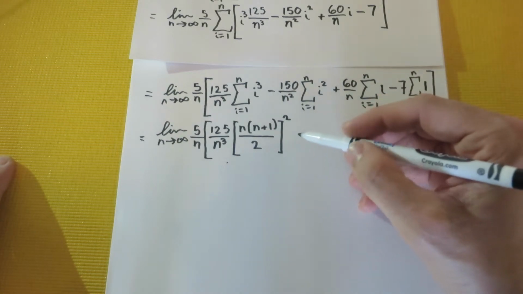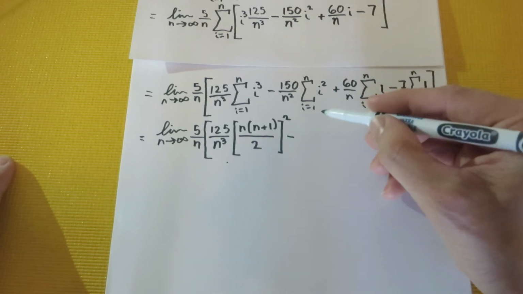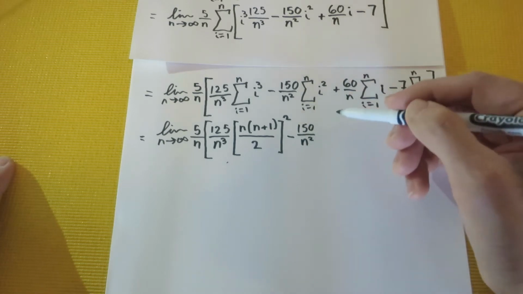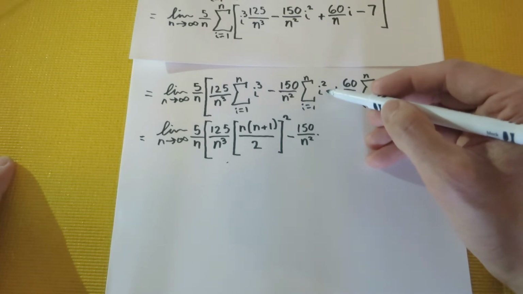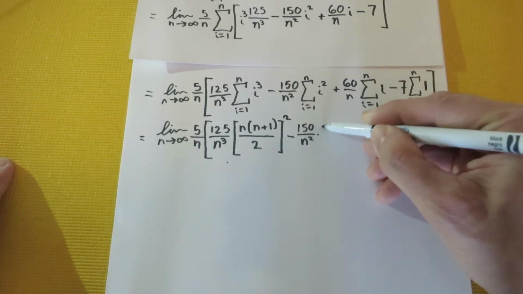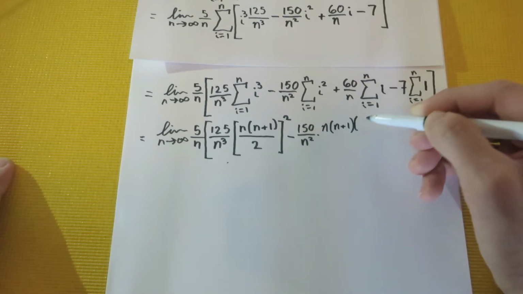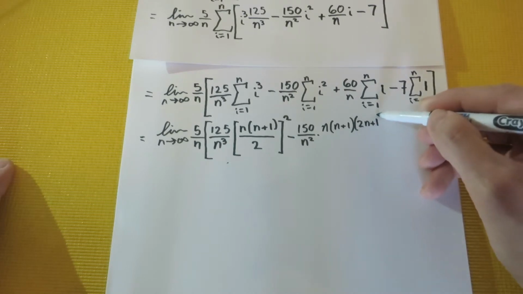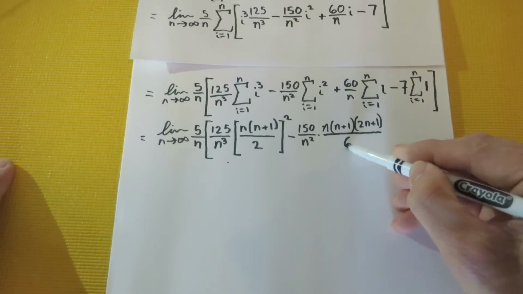And this is going to be minus 150 over n squared times, we're going to evaluate the sum of i squared from 1 to n, which is just going to equal n times n plus 1 times 2n plus 1, all of that over 6.